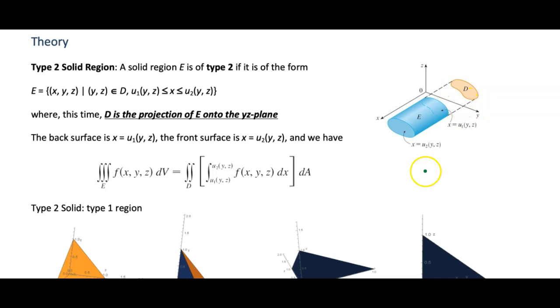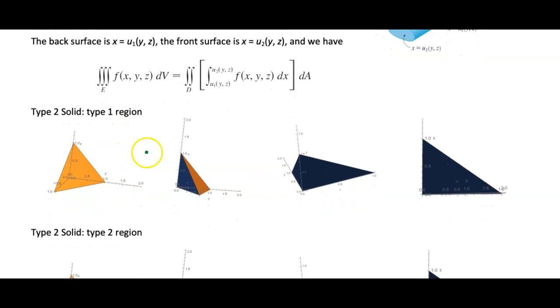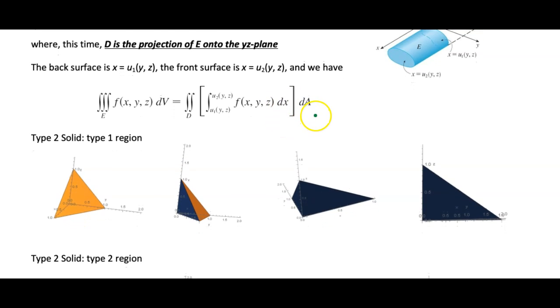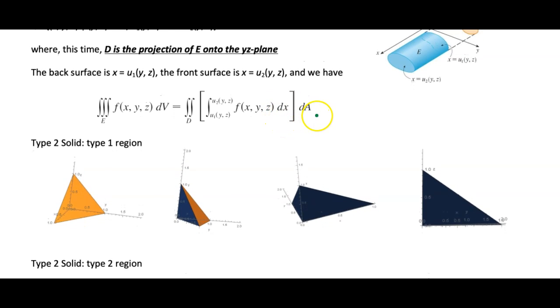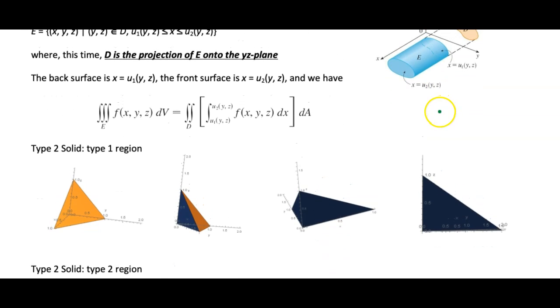In other words, X is a function of Y and Z. Now within that, because we know that this must be in the form of dx dA, we can now write this area as a type 1 region or a type 2 region. Remembering that in a type 1 region, when we're talking about this being a dx dy dz or dx dz dy, now we're looking at this region being the projection onto the zy plane.